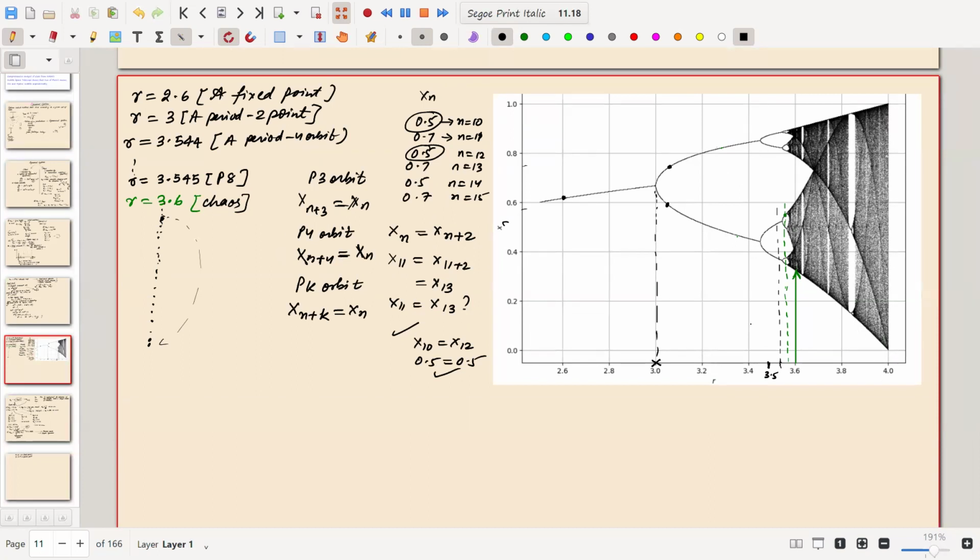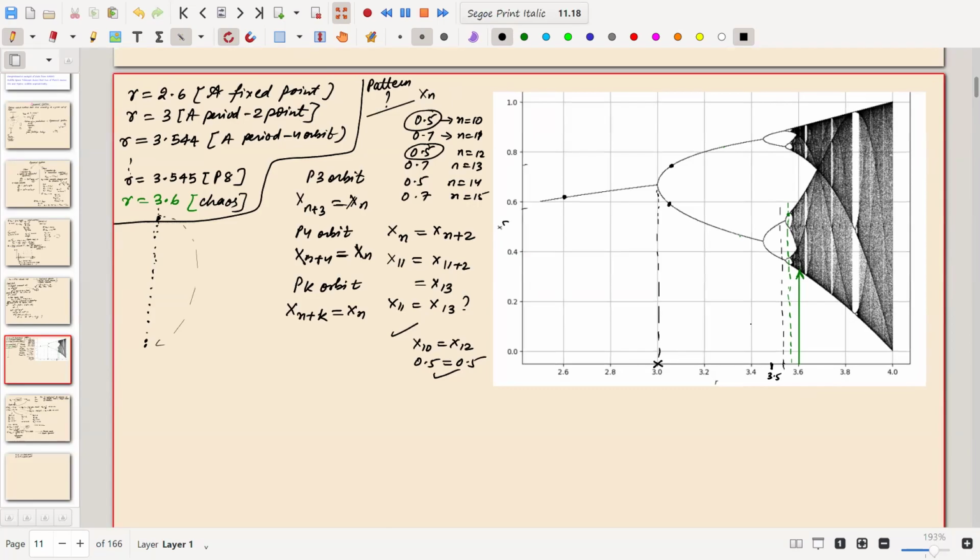Fine. But can you identify a pattern here? What is the pattern? Yes, not 2 raised to 2, but doubling. Every time you multiply by 2.